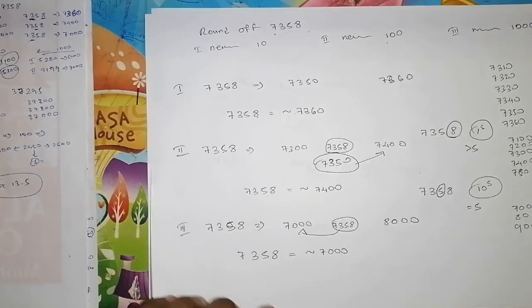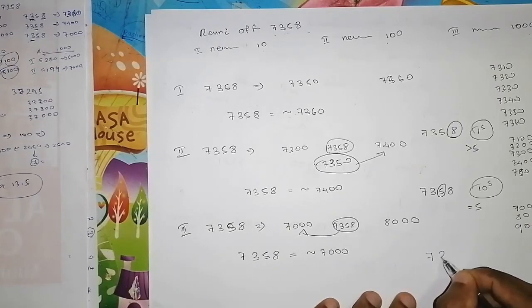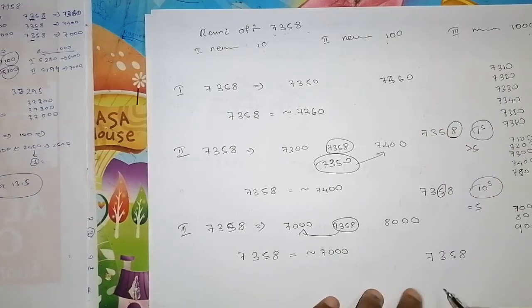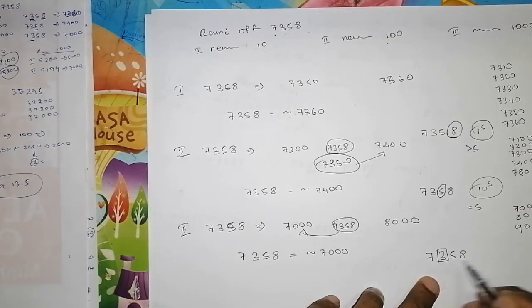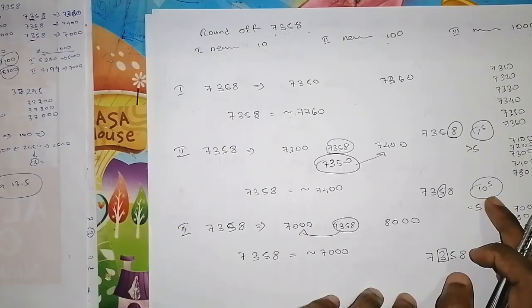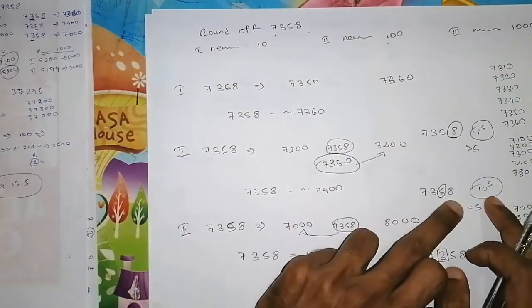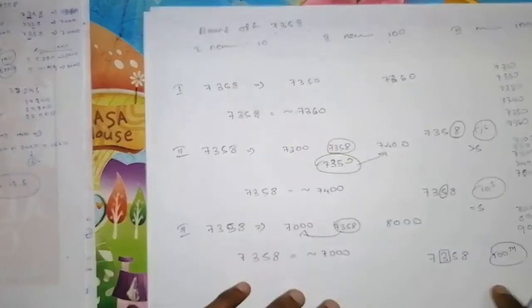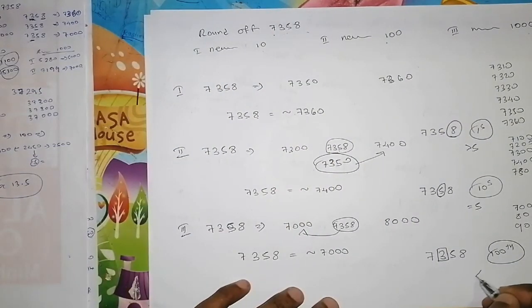That is the first method. In the second method, for 7358 nearest 1000, we should check the 100 position. For nearest 100 we check the tens, and for nearest 10 we check the ones. Here the digit 3 is less than 5.